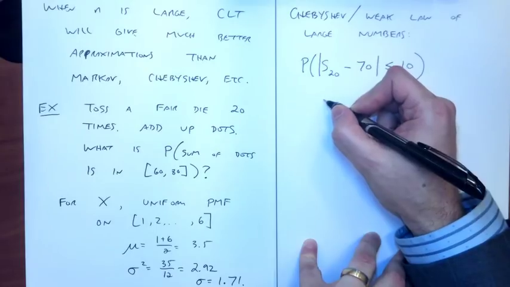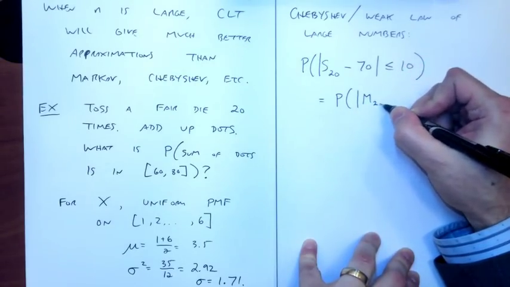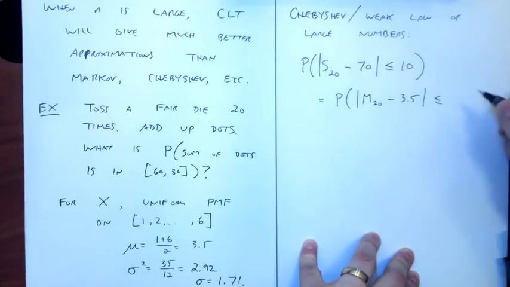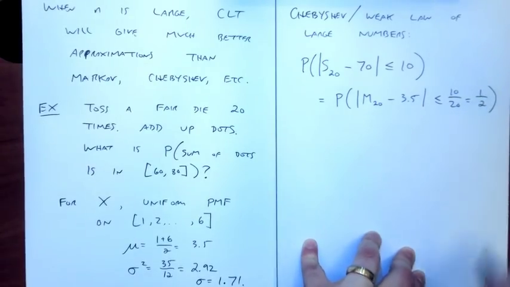Or a different way of thinking about this is saying the probability that the mean of the 20 guys is less than 10 over 20, which is a half, right?